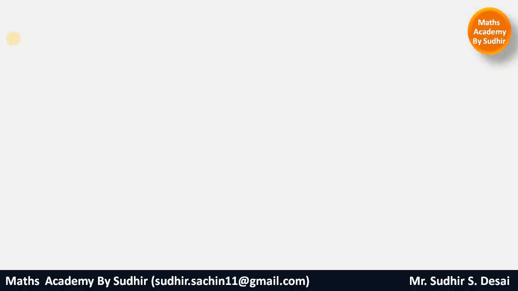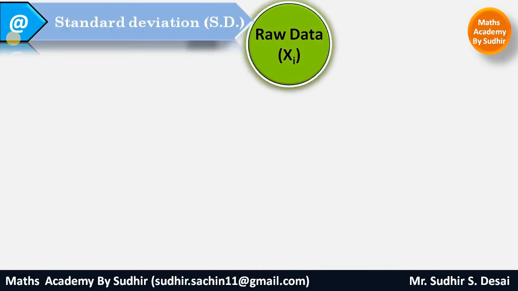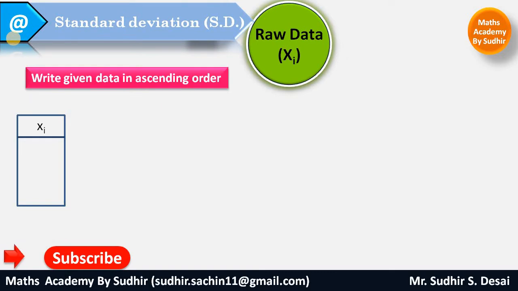Okay, so let's see standard deviation for raw data, that is, when xi observations are given. We will first prepare a table. Suppose we are given the xis, that is, the observations. The first step is to write down the given data in ascending order.